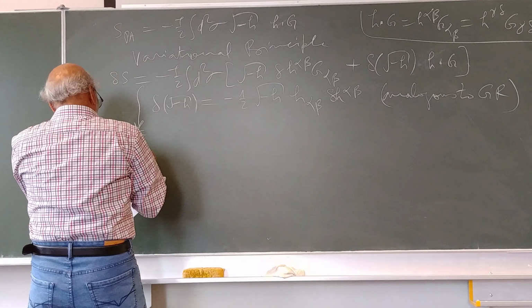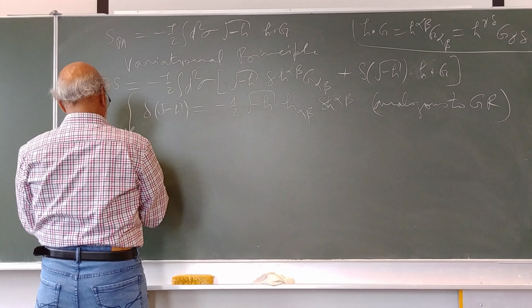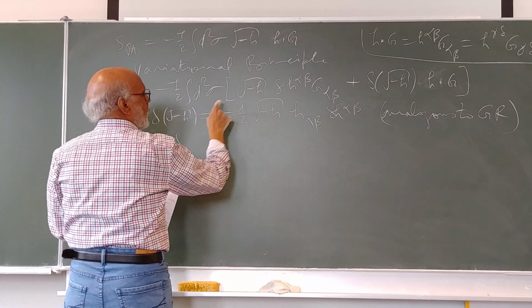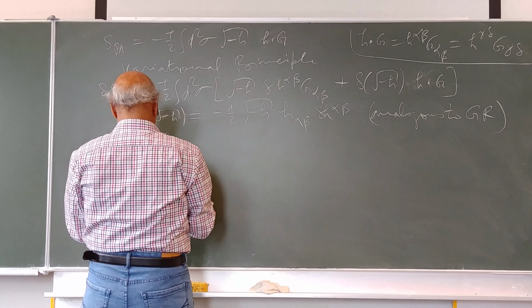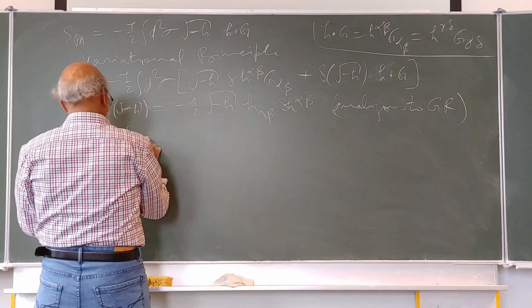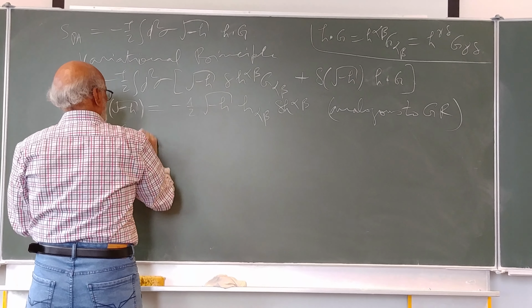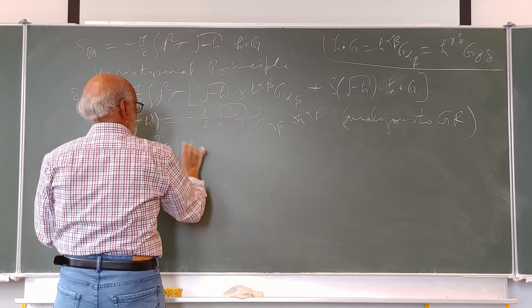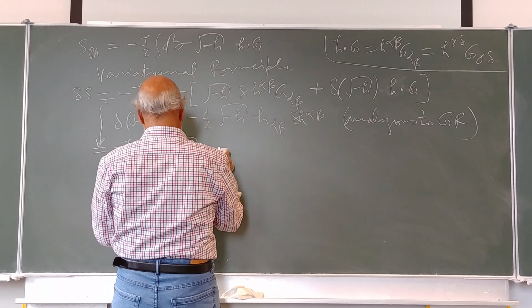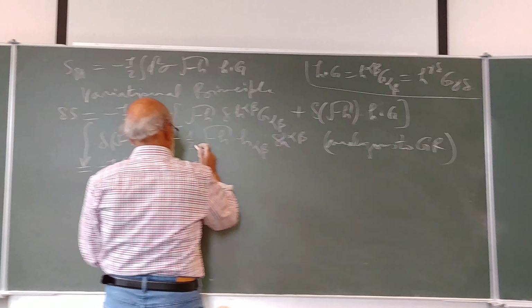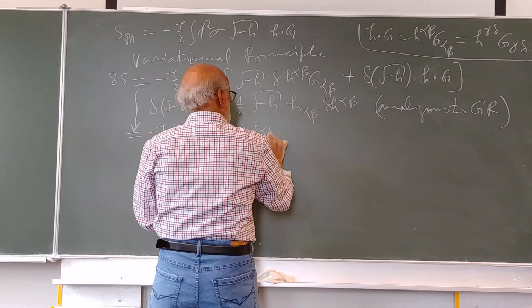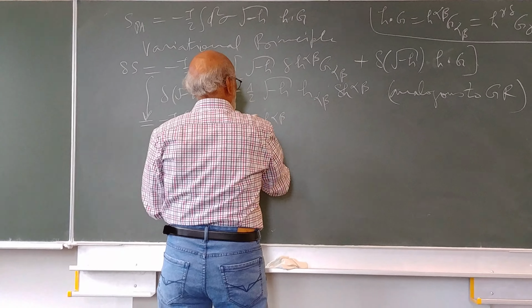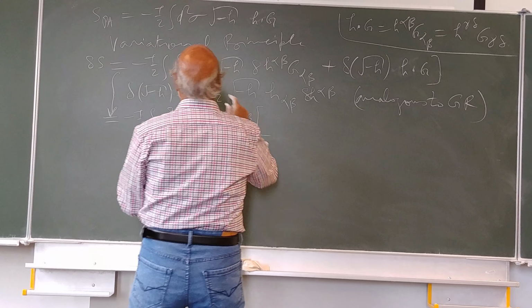so I have minus T by 2. I can make one step, cut on one step. So d2 sigma square root of minus h delta h alpha beta, I take common.